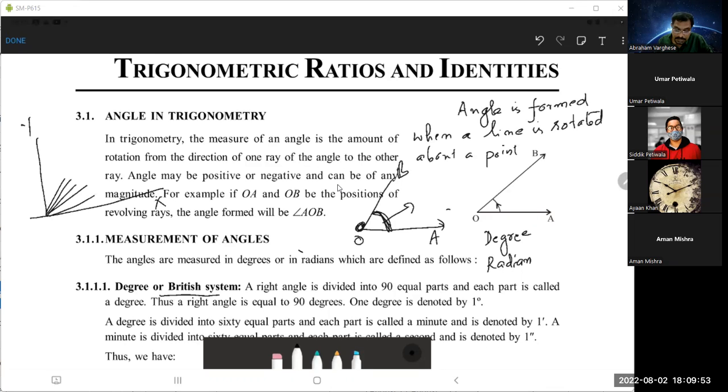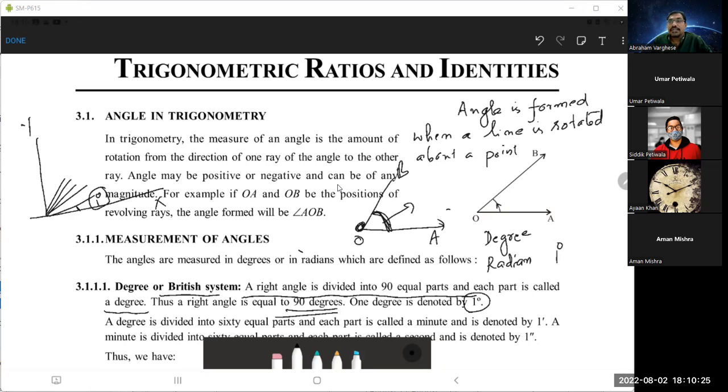When you divide this right angle into 90 equal parts, each part is called 1 degree. So a right angle is equal to 90 degrees. That's why we say right angle equals 90 degrees. So 1 degree is denoted like this.